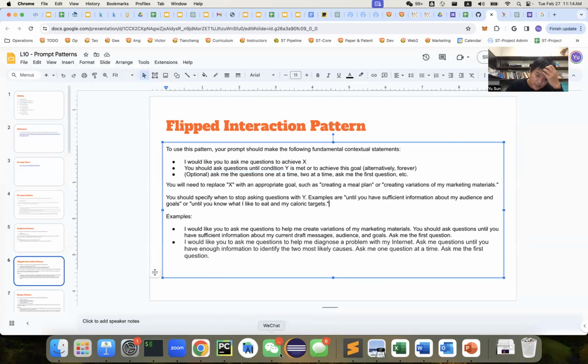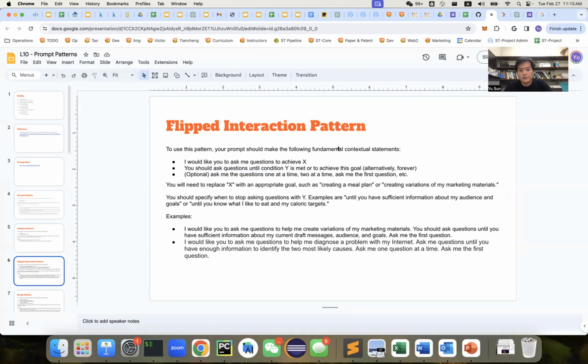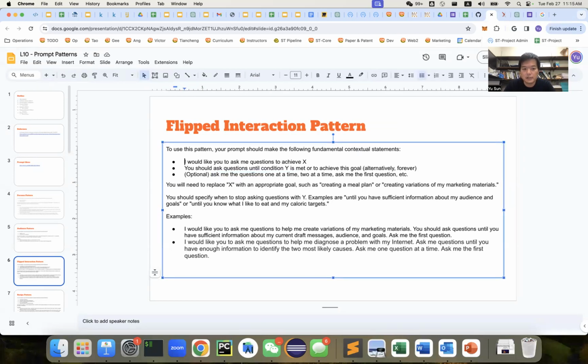All right. So based on that, could everyone type me another round of answers very quick? Yeah, give it a try. It's pretty useful. It's called the flipped interaction pattern. So I'm going to write this down.